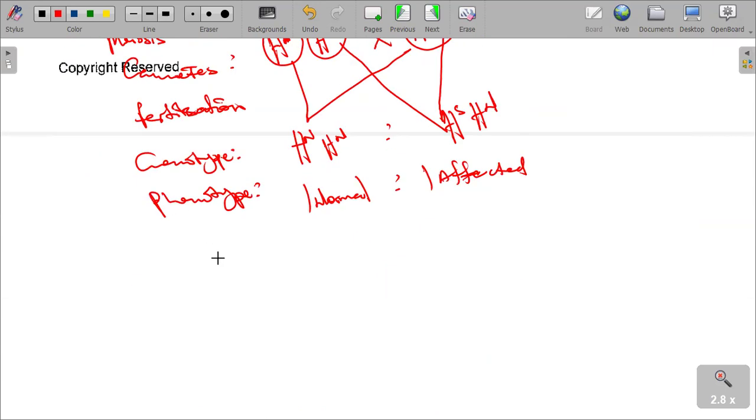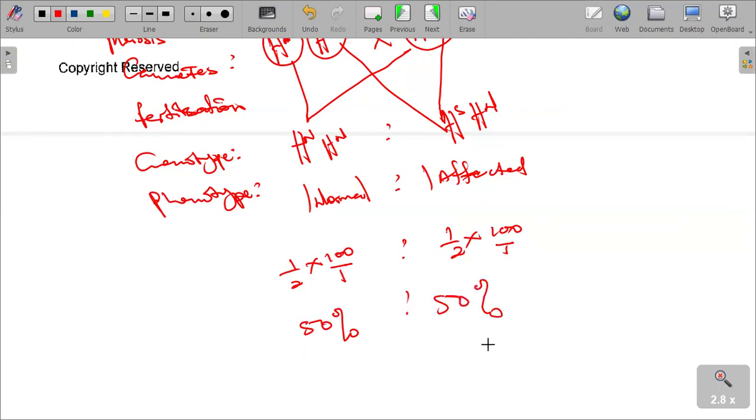So it is 50%, which is 1 over 2 multiplied by 100 over 1, so we say there is a 50% chance affected and 50% chance normal.